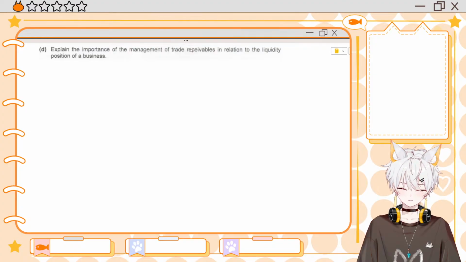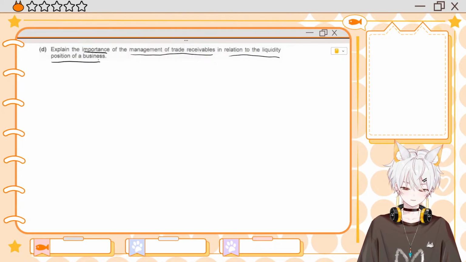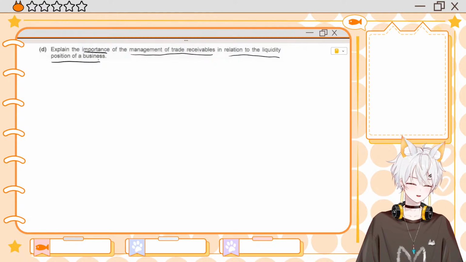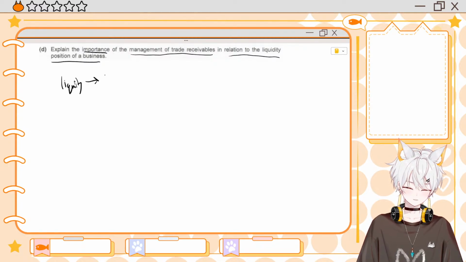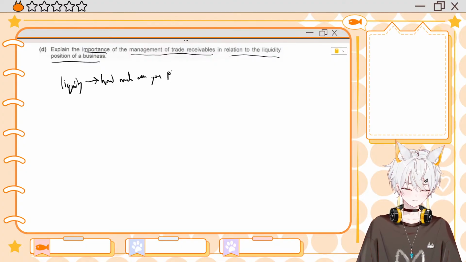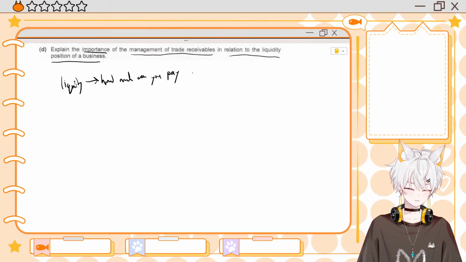Okay, part D. Explain importance of management of trade receivables in relation to liquidity position of a business. So I've explained before what liquidity means. Essentially what it means is how much can you pay as a business within a short period of time.